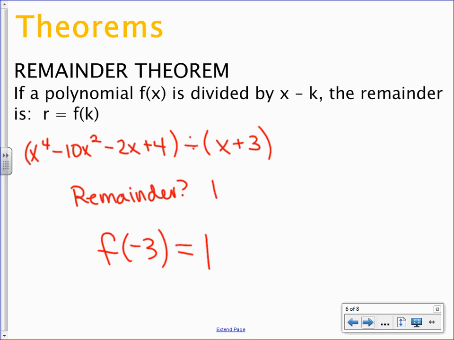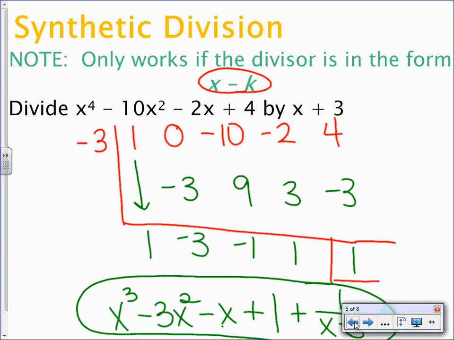When we do synthetic division, the remainder gives us the function value here. So instead of plugging -3 into each of these and doing all of that multiplication, we can do synthetic division and our remainder is that function value. Does that make sense?